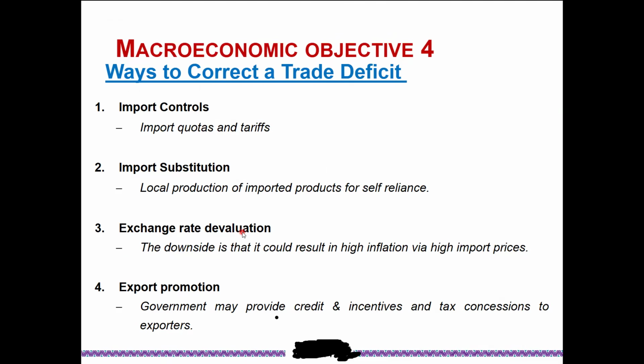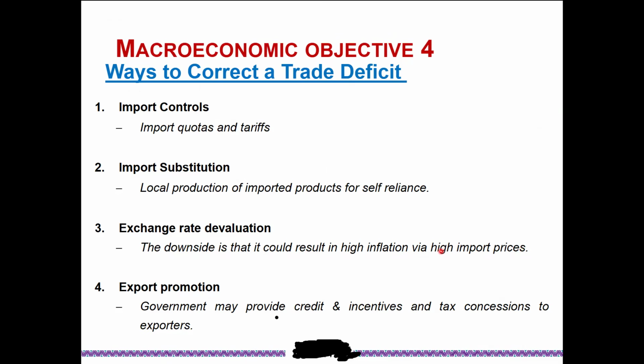Devalued, deliberately reduced, right? So exchange rate devaluation is just a deliberate decrease in the value of our currency in terms of another country's currency. We're saying here the downside is that it could result in high inflation via high import prices. Obviously, it becomes very expensive for us to buy things from outside.